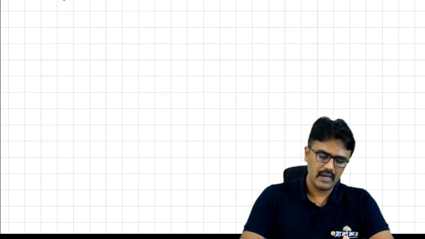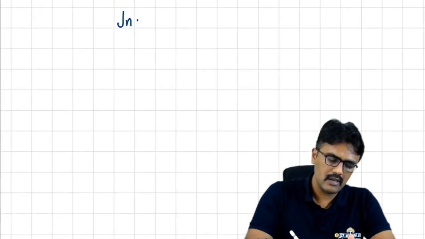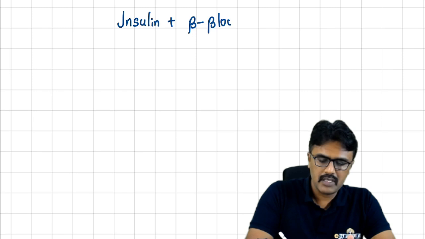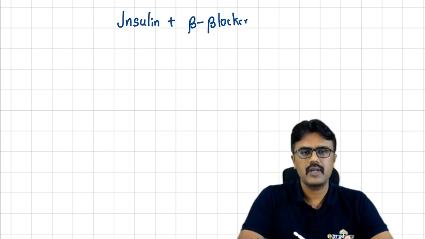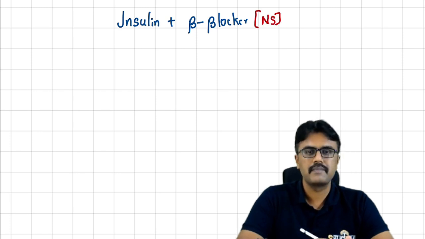Now one important interaction I want to tell you is insulin plus beta blocker. Now many patients will be given insulin and beta blocker together. Now what happens when we give beta blockers, particularly the non-selective beta blockers?